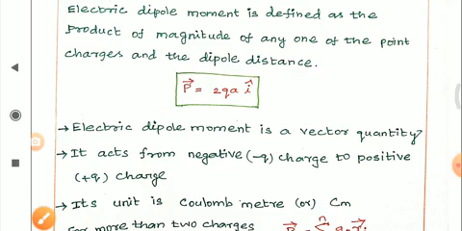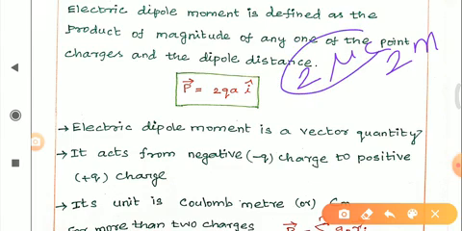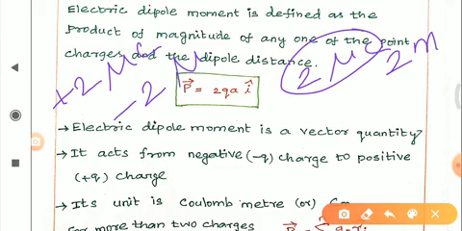Now we can discuss the problem. They will give a dipole of 2 microcoulomb separated by a distance of 2 meter. What is the electric dipole moment? How can we calculate? Dipole means this 2 microcoulomb is plus 2 microcoulomb, and the other one is minus 2 microcoulomb.